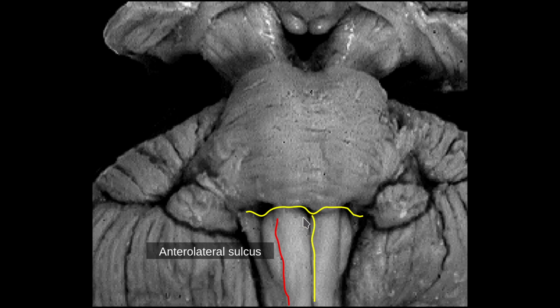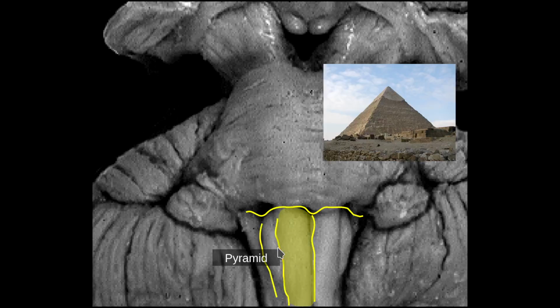So there are mounds of brainstem here divided by grooves. This one, since it's a small one, we call it a sulcus, and a cranial nerve comes out from here. So that mound of brainstem here in the medulla is called the pyramid.